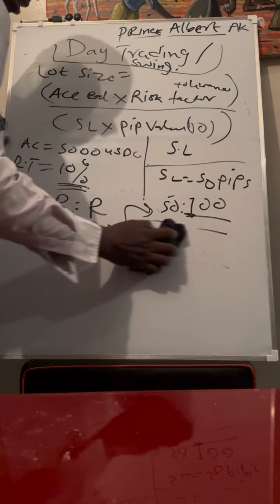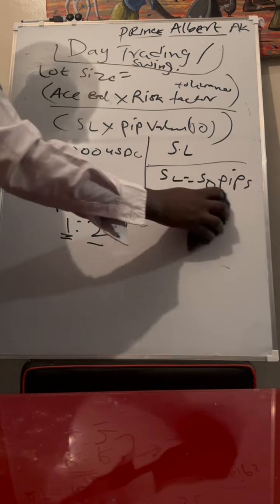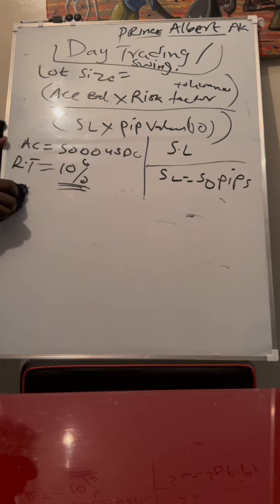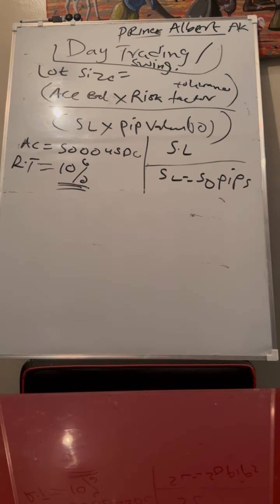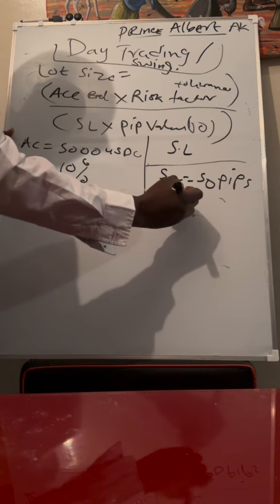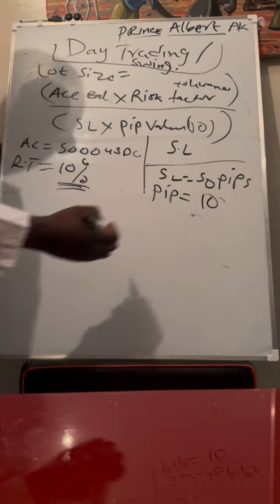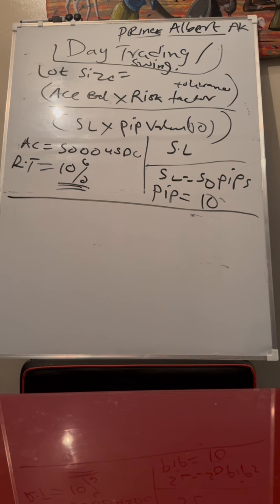All right, so we have defined our stop loss equals 50 pips. Now pip value equals 10. Now let's calculate our lot size on this account, because it's an account of $5,000. So what is our lot size?